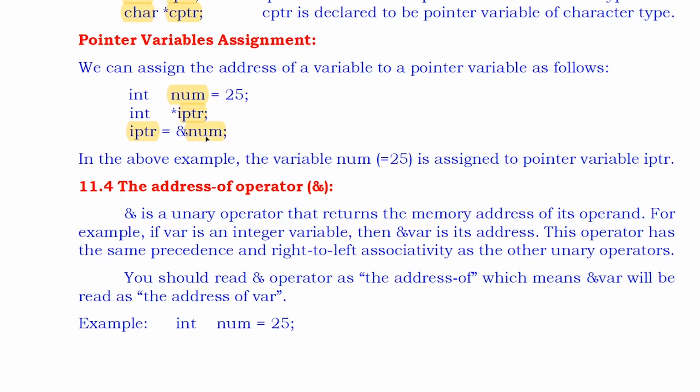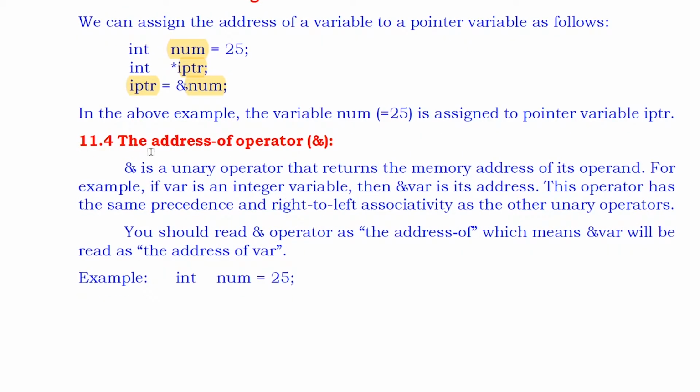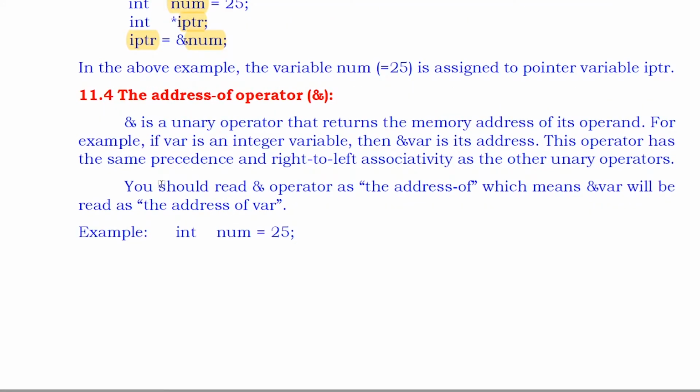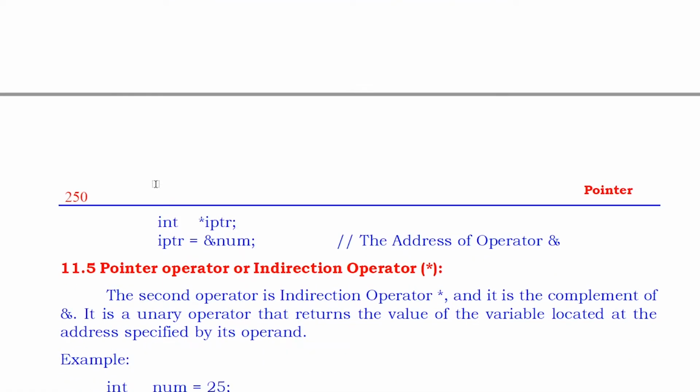That's how we assign: we get the address and copy the address to the pointer variable. Already we told about this address operator, which gets the address of any normal variable, and that can be used to assign to pointers.